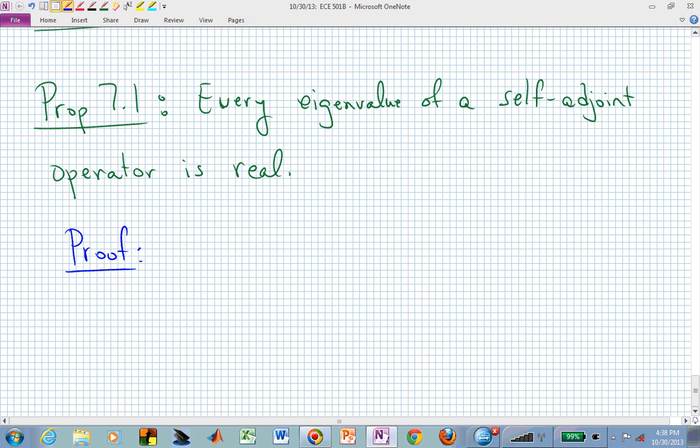Proof. Suppose we now have this linear map T in the set of linear maps on a vector space V, and we are given the fact that T is equal to its adjoint. Those are the facts in this proposition.